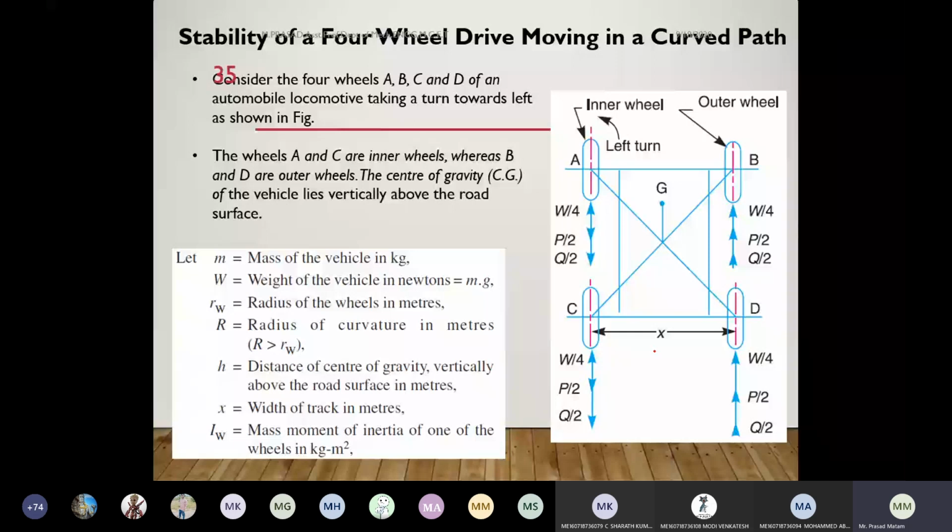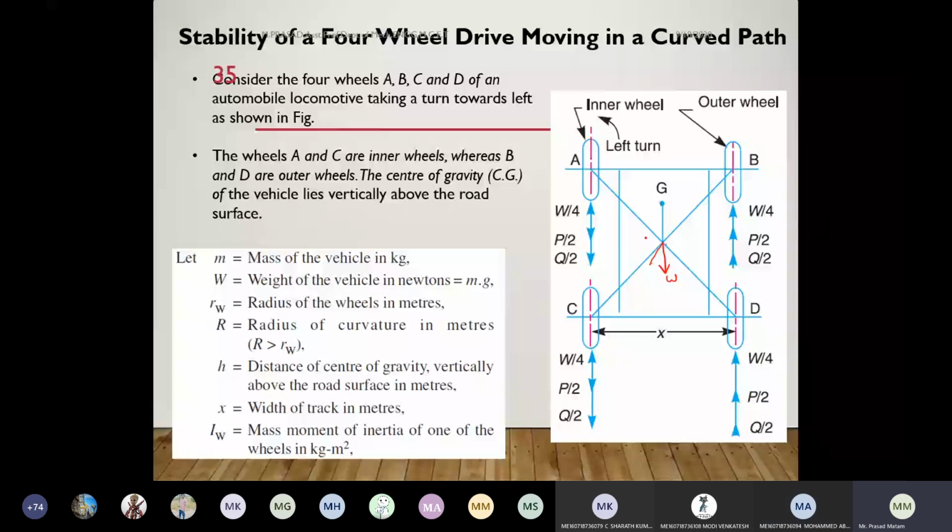W acts at the center of gravity. Since the weight W is acting downwards, the reaction forces will act upwards. This W is equally distributed on all four wheels: W by 4, W by 4, W by 4, and W by 4.